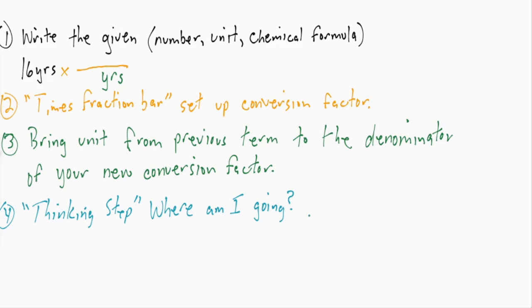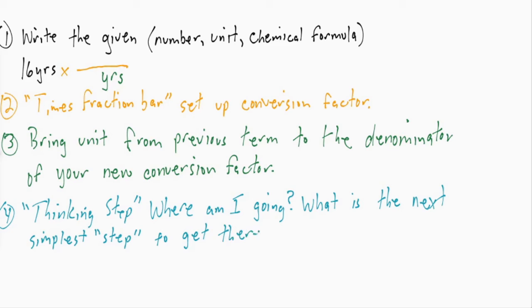So I have to ask myself another question. What is the next simplest step to get there? This is what I mean by that. If I'm going to climb a mountain, I'm not going to just jump and try to land at the top of the mountain.